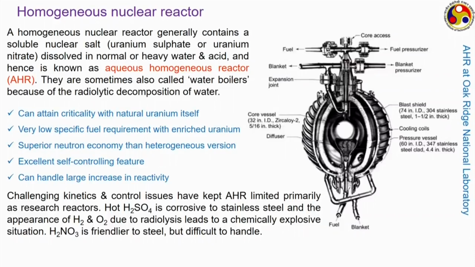When we are using uranium nitrate as the fuel, then we do not have sulfuric acid, rather we have hot nitric acid. Nitric acid is much friendlier to stainless steel, that is, it does not corrode stainless steel that much, but everyone knows how difficult it can be to handle nitric acid, particularly at higher temperature.